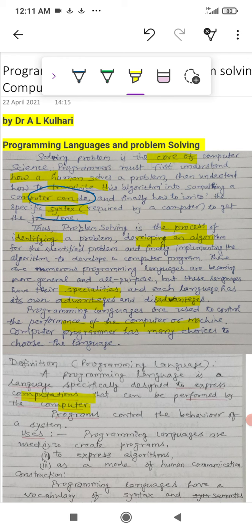So programs control the behavior of a system. Now the usage of programming languages is to create the programs, to express the algorithm, and as a mode of human communication.